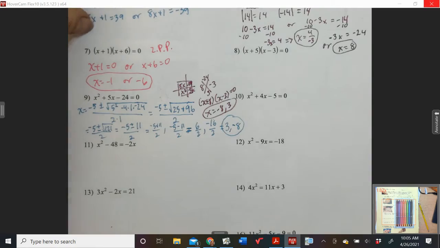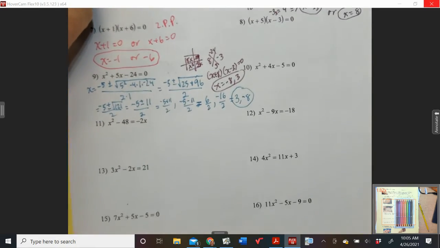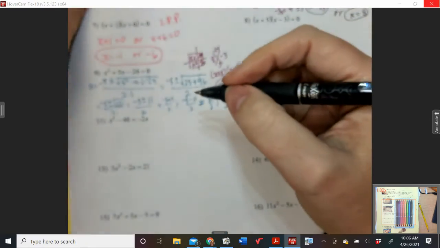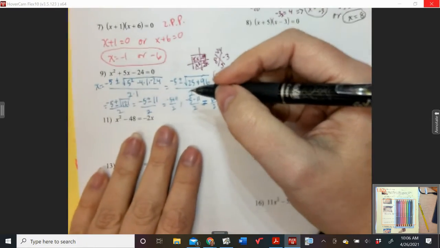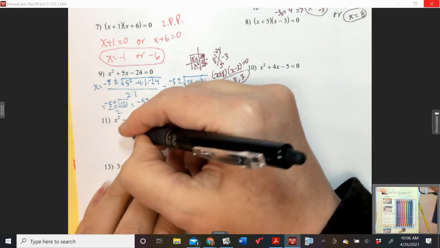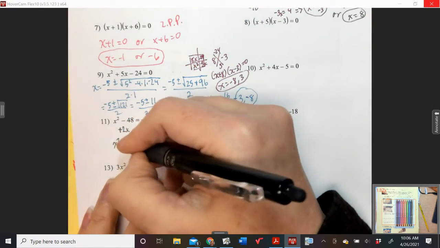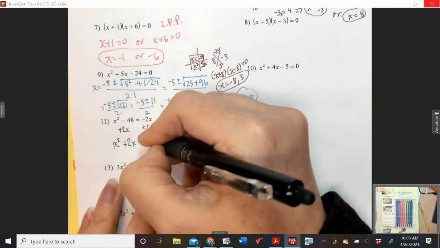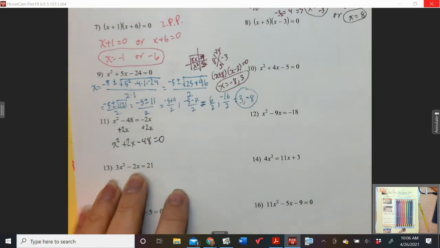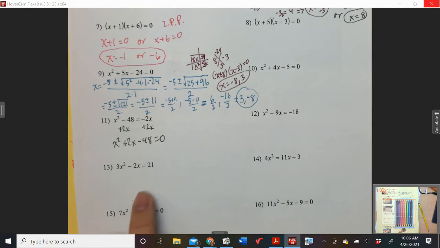All right. Number 11 is a little different because it's equal on the other side. So I'm going to go ahead and add 2 to both sides. Putting it in the right order, x squared plus 2x minus 48 equals 0. You may continue with whatever method you want. Same here. Add the 18.